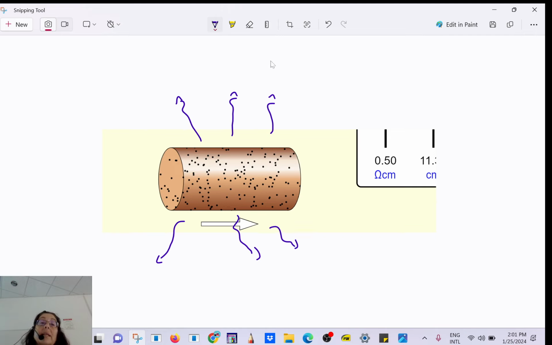Very good, right? So the amount of heat it's producing, the amount of energy produced per unit second, it's called the power.